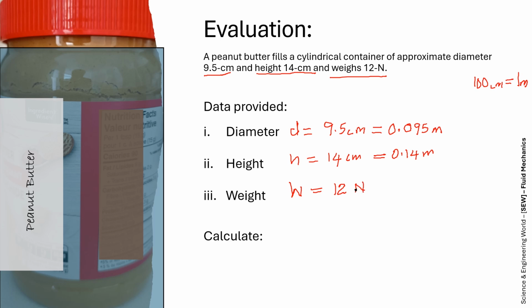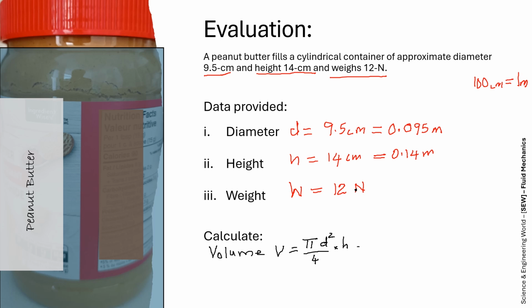We need to find the volume of the container. So we say that volume, with a capital V, is equal to the area of the base, which is circular, giving us pi d squared over 4, times the height h.